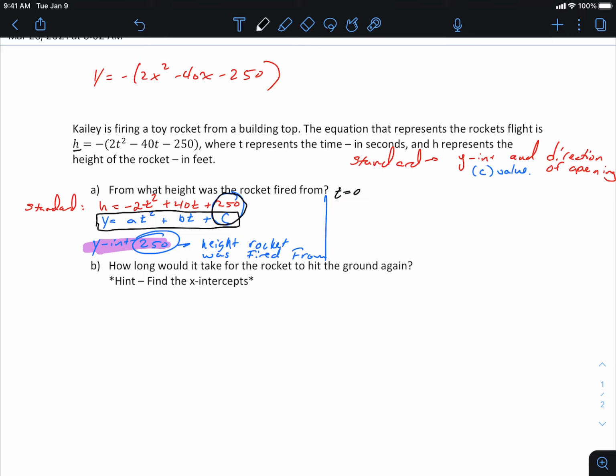You're going to take your equation and say, okay, h equals, I'm going to plug in t equals 0 and see what number comes out. Well, let's do that. Negative 2 times, what's t? T is 0. 0 squared plus 40 times 0 plus 250. Well, 0 squared is 0. Plus 40 times 0, we already know that's 0. Plus 250.